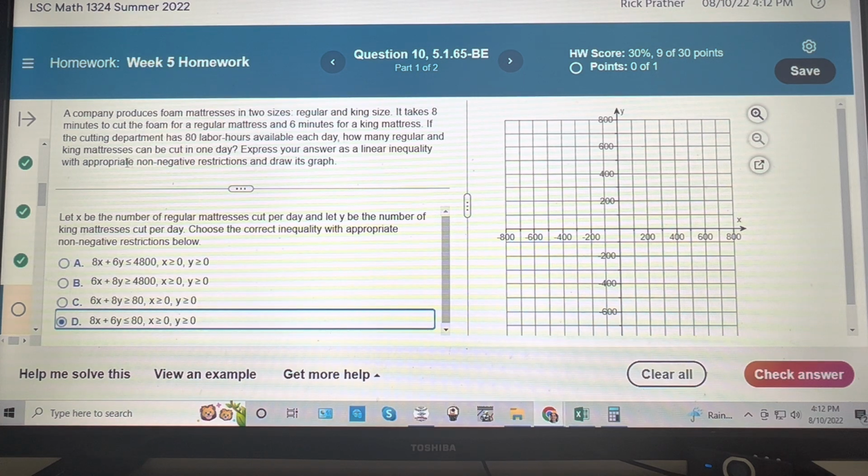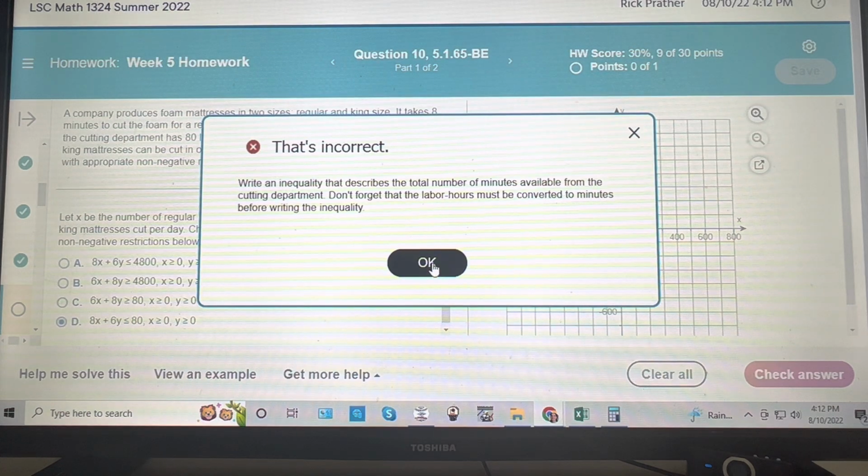How many regular and king size mattresses can be cut in one day? Okay, so this is the inequality we have to work with. So we had to read this paragraph to get what the last two problems started with. The last two problems just told you these things right here. You had to read this and figure out that it was D first, but then you're going to make the graph the same way.